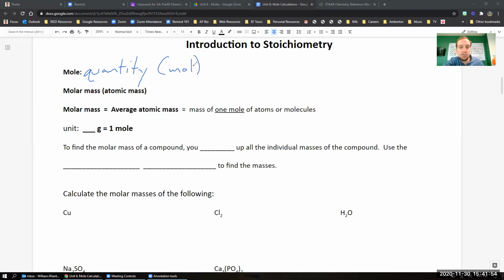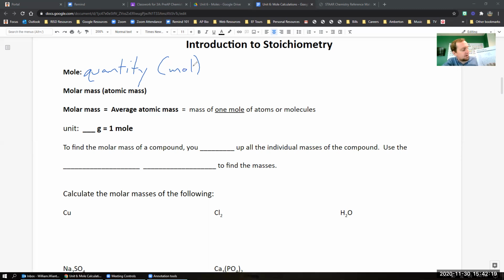That is the mass of 1 mole of silicon atoms. Or to rephrase that, if I had 6.022 times 10 to the 23rd atoms of silicon, it would weigh exactly 28.086 grams. So that is the average mass, and that is the mass of 1 mole of silicon.